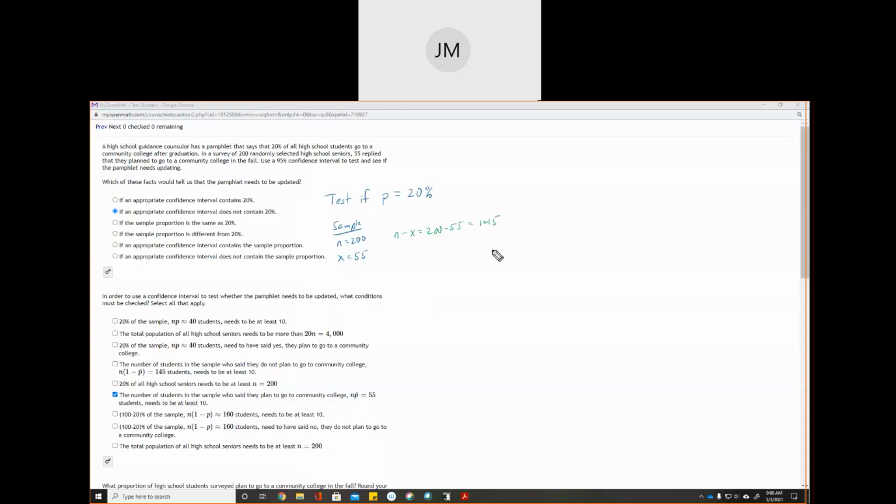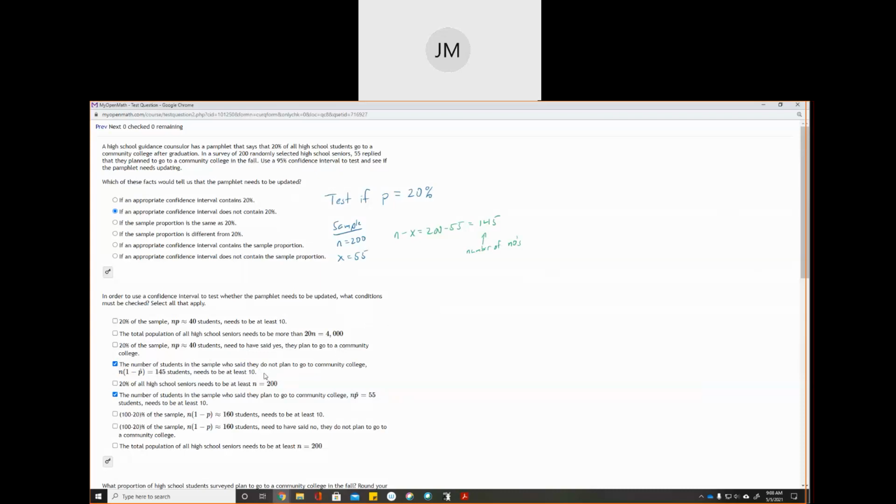That's going to be the number of people that said no. Okay. So the number of students who said they do not plan to go to community college, which is N times 1 minus P hat, which we just calculated as 145, that needs to be at least 10.